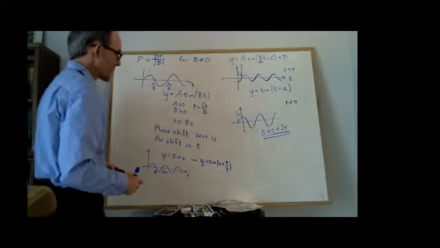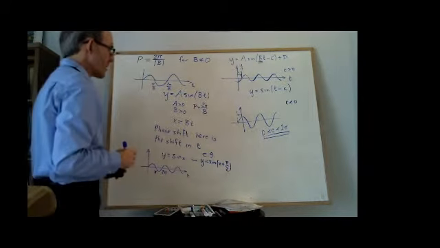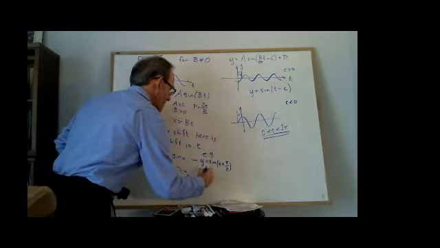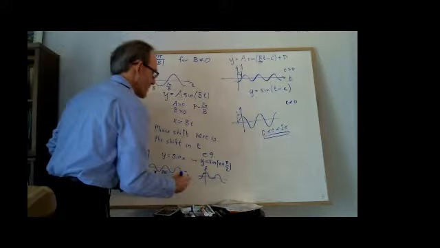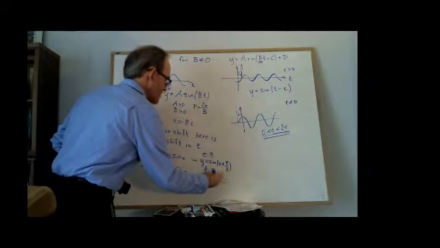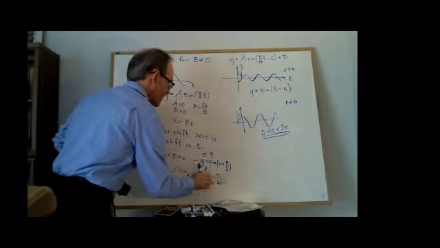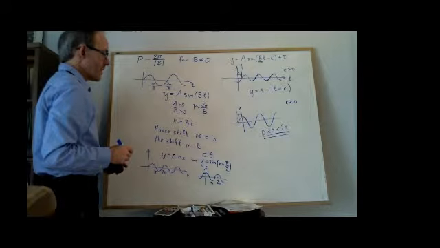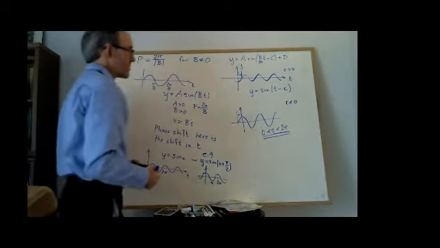This is just an example. So that's what we got before. This is 2 pi here. This is pi here. Now you can also have in-between values.